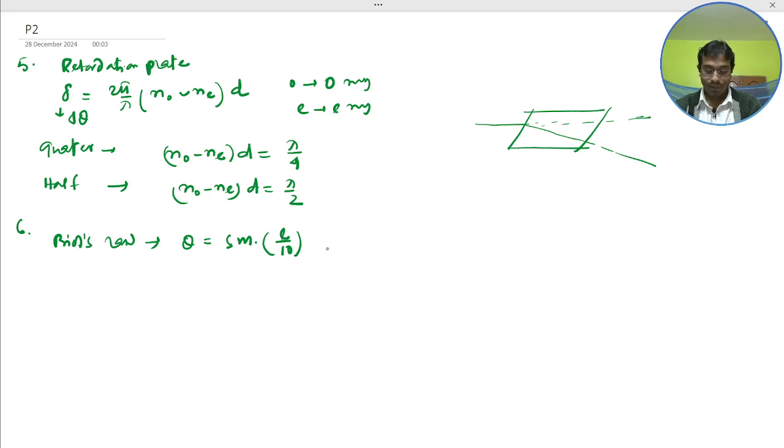And the rotary polarization, the rotation of the plane of vibration would become phi is equal to delta by 2 is equal to pi L delta lambda divided by lambda square, where L is the thickness.